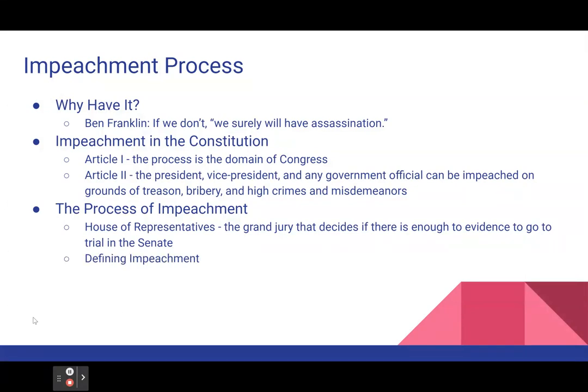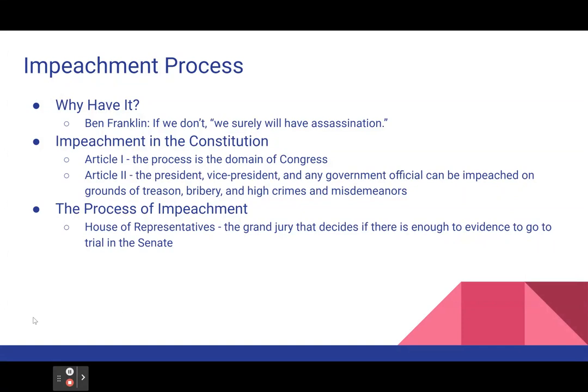That's the kicker here. You can bring up charges of impeachment all you want, but you better have a rock solid case, because this is something that could be very embarrassing for you, the person bringing up the charges, right?